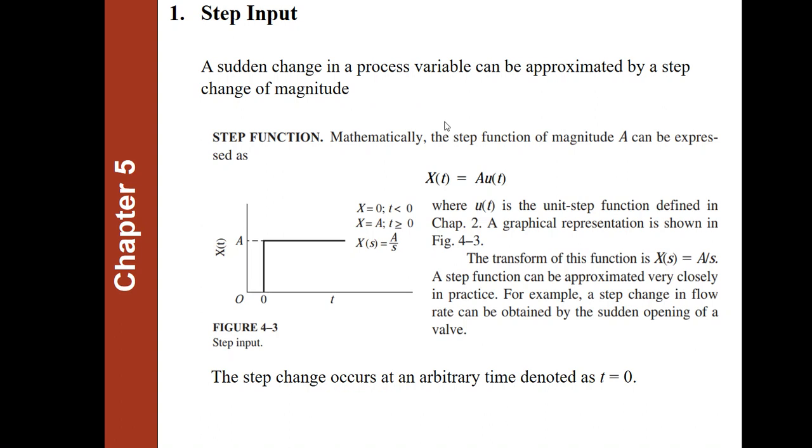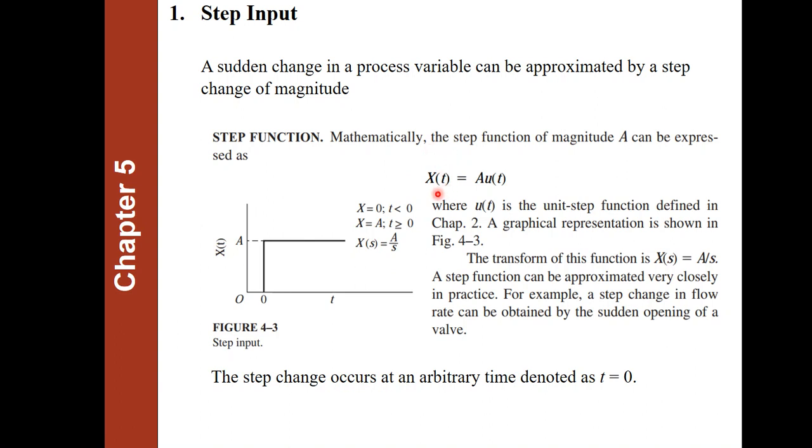magnitude of. So from our textbook by Coughanowr, we mathematically represent a step function of magnitude A as capital X of t equal to A u of t. Now, this is already capital X of t because this is the deviation of the input variable from its steady state condition.